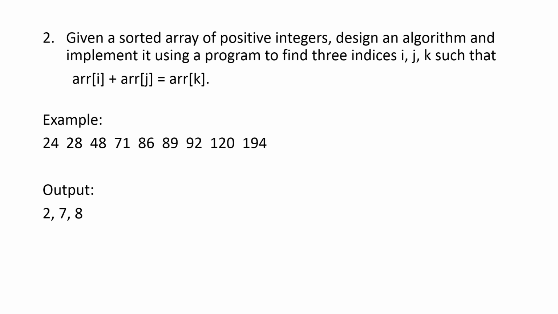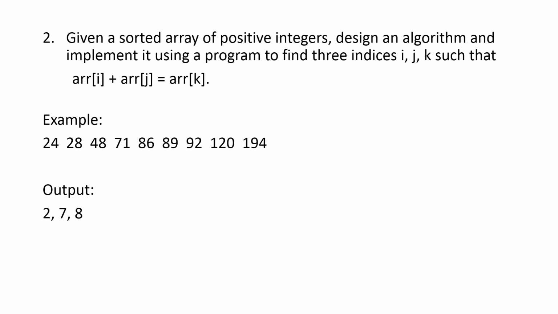So first I will fix 24, then I will add the elements one by one to 24. First, 24 plus 28 equals 52. Now I will compare 52 with all of the array elements. If it is equal, then I will print i, j and k.